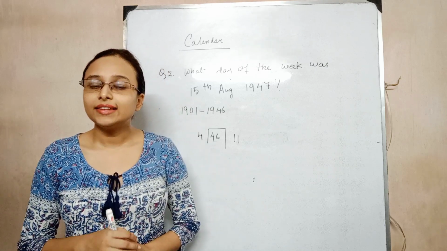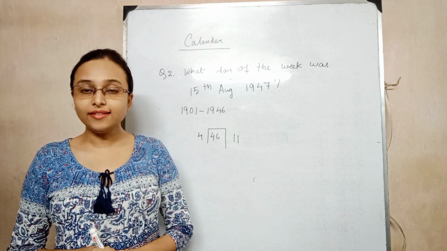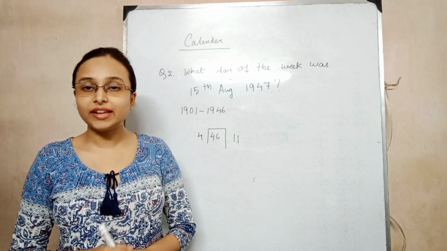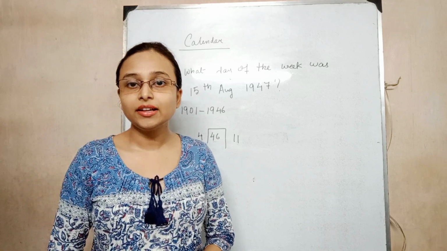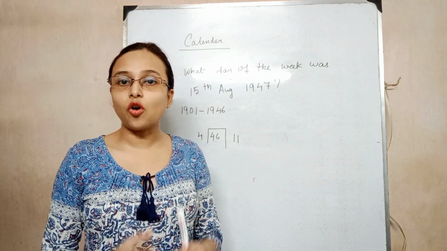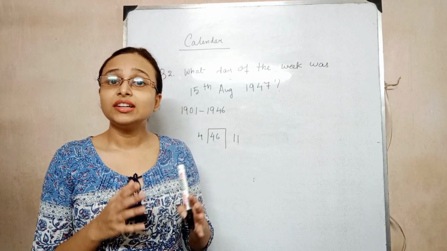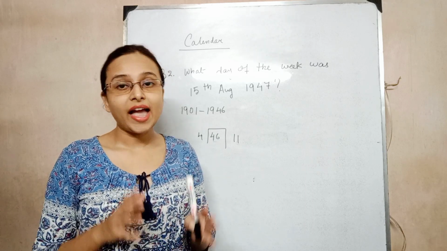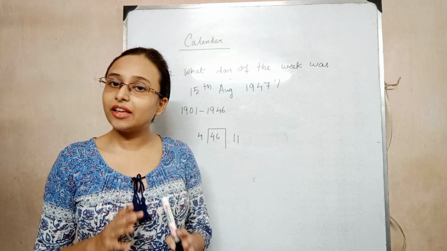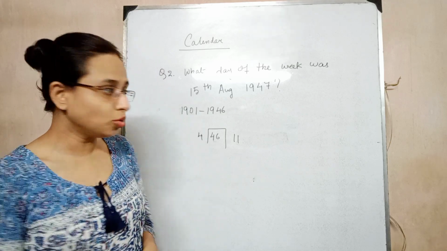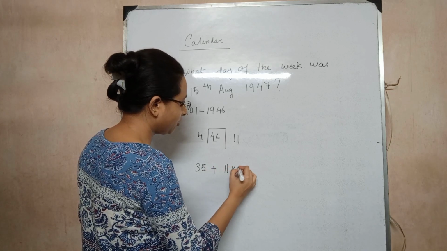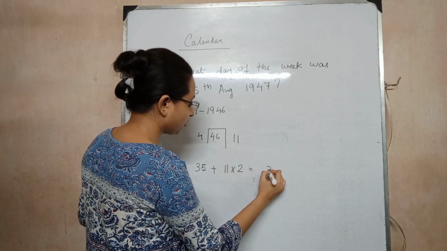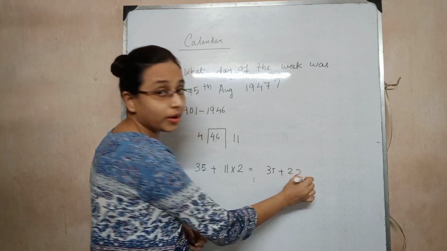Hence, 35 ordinary years will have 35 odd days, and 11 leap years will have 11 into 2, that is 22 odd days. So 35 plus 11 into 2, which is 35 plus 22.